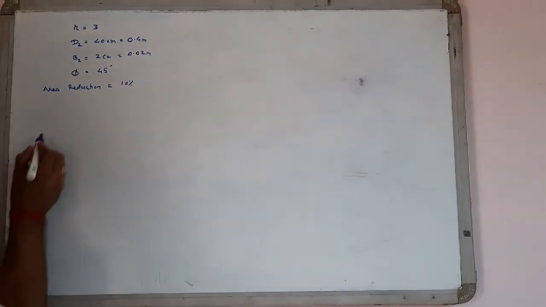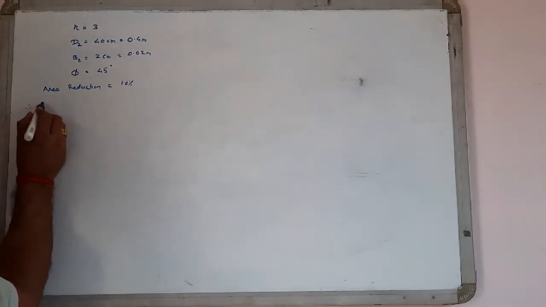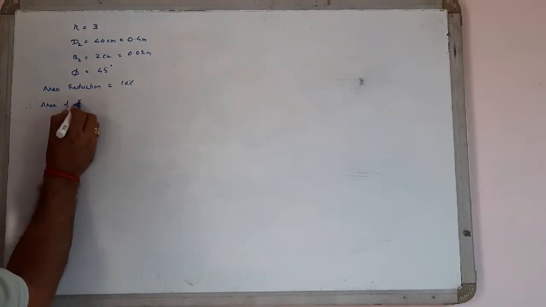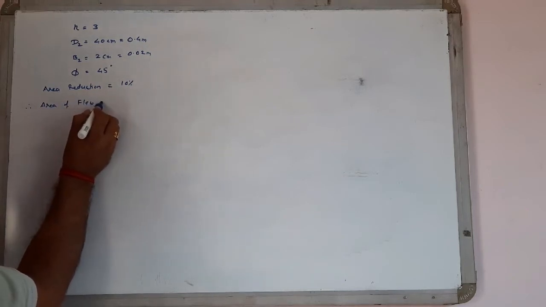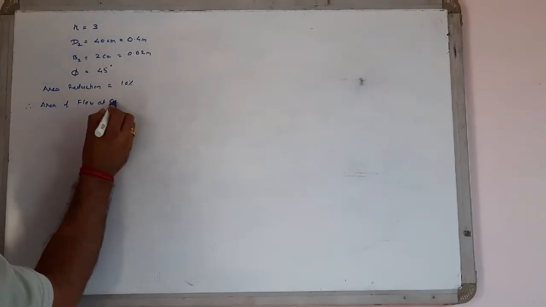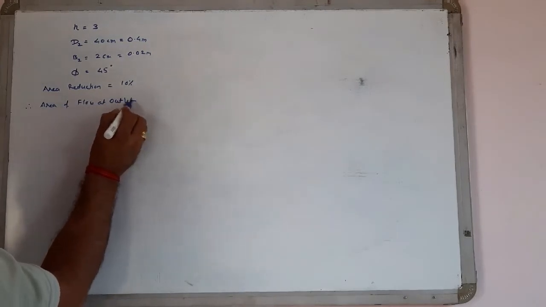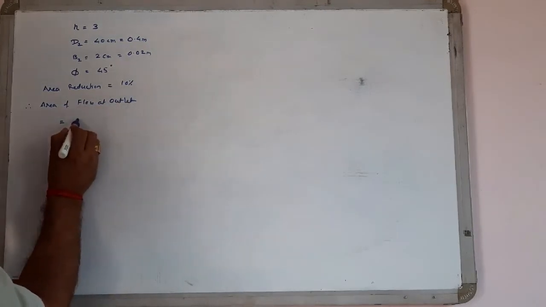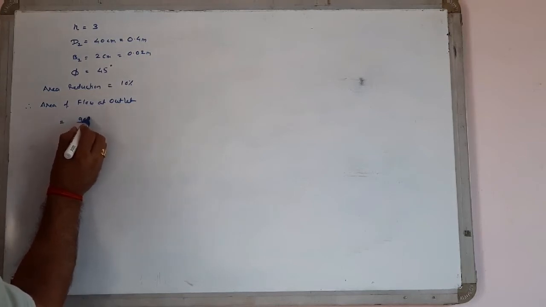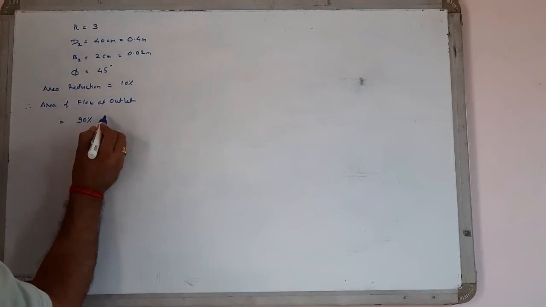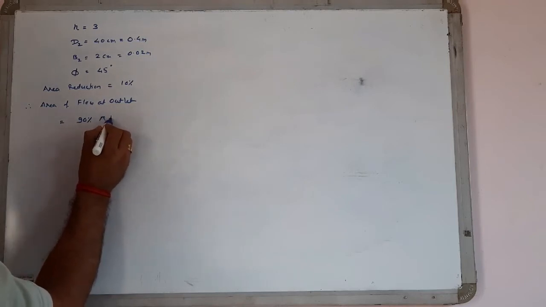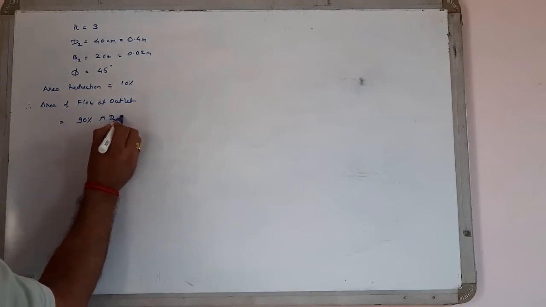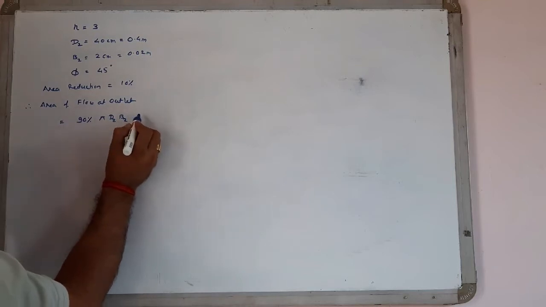So the area of flow at outlet is equal to 90% of pi D2 B2.